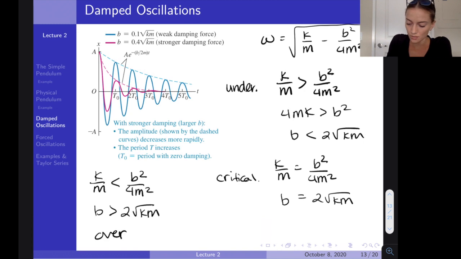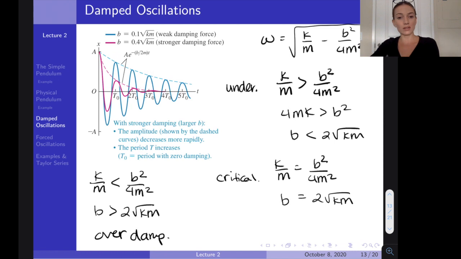This is called overdamping. Since our omega is imaginary, we can't oscillate with imaginary frequency. That means our system doesn't oscillate, and just like with critical damping, it goes right back to its equilibrium position. It just takes a little bit longer to get there than in critical damping.